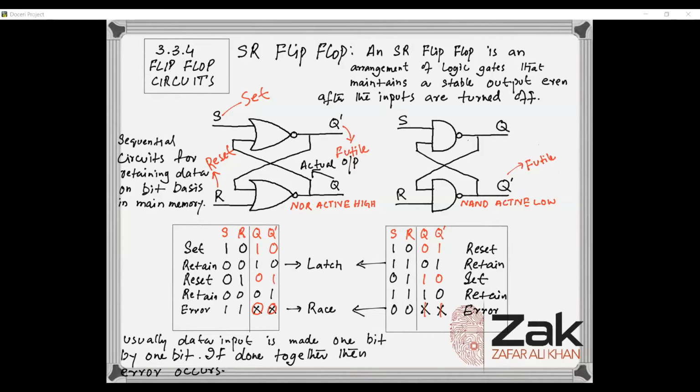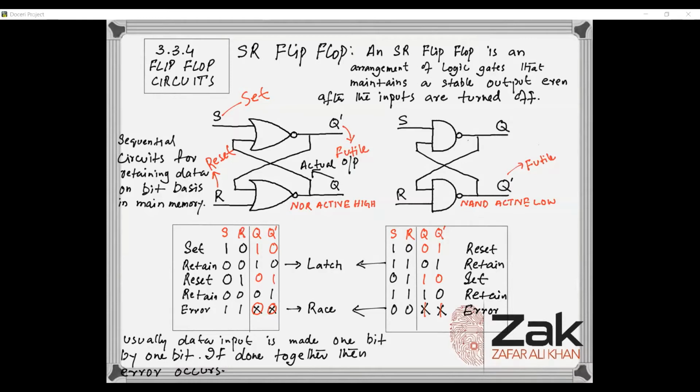What actually happens is that if you want to set, you will give 1 to S. Over here, you can see that S is 1 and R would be 0. And remember, they are not both changed together. Only one is changed at a time. So R would be having input 0 and that will remain 0. All you have to do is to change S to 1.